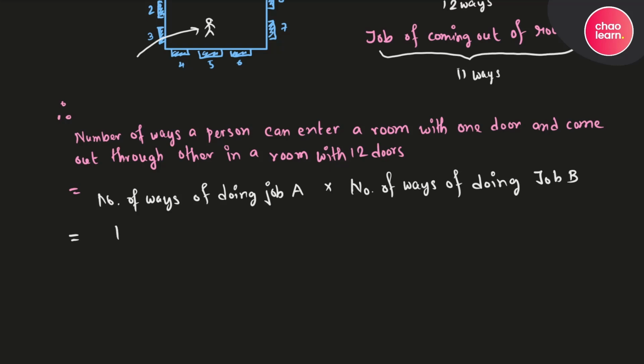It's equal to 12 multiplied by 11, which comes out to be 132 ways. So did you notice, if you had to sit down and count all the cases, you would have to count a total of 132 cases.